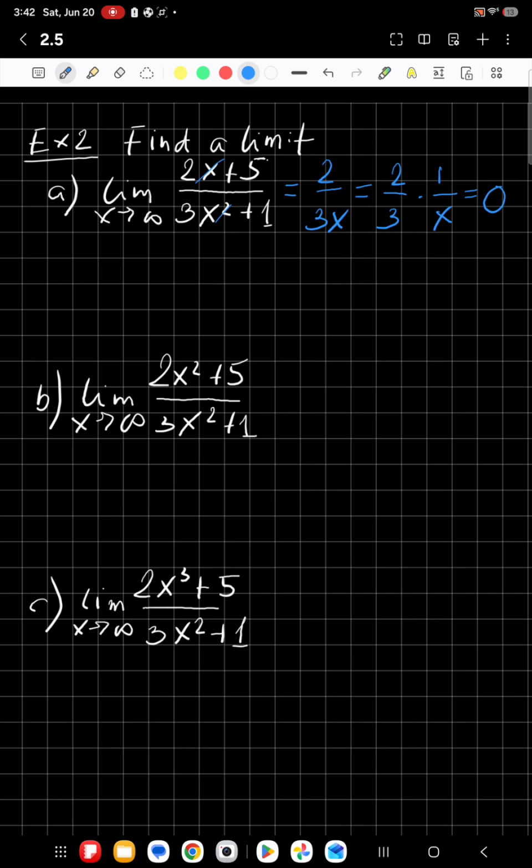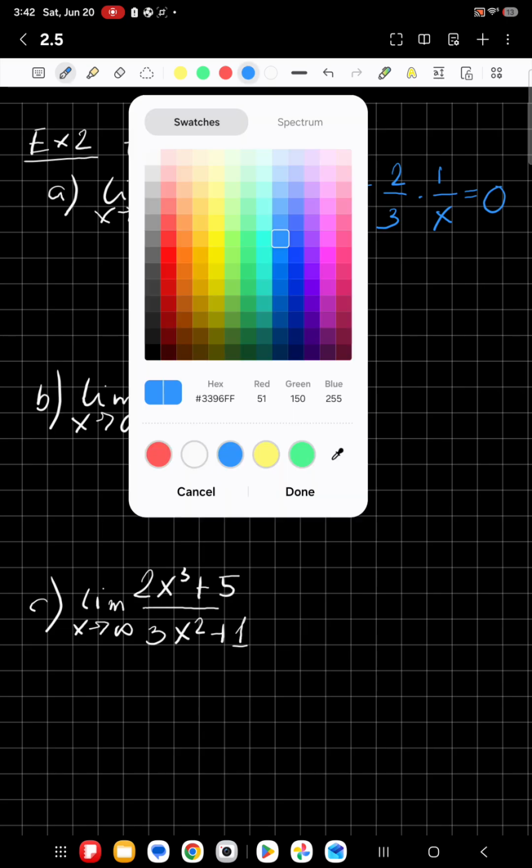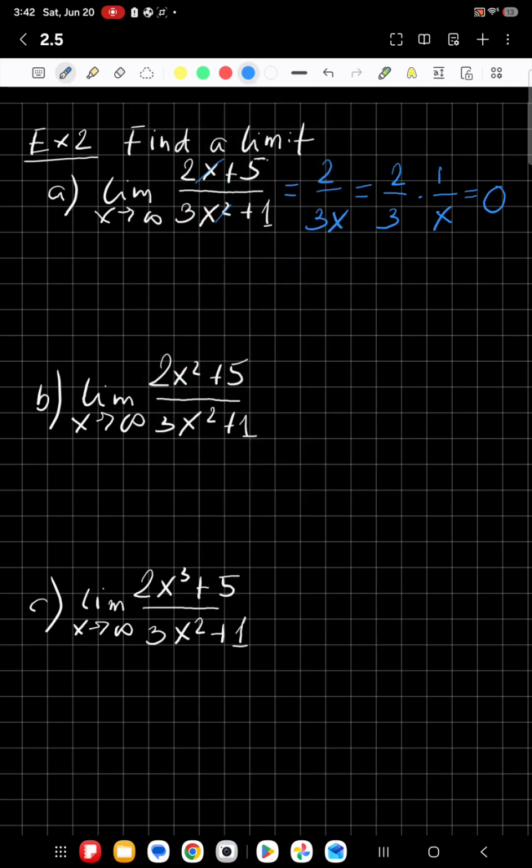This is not really an algebraic way of solving it, we're just thinking about it. All right, so let's look at the second one. It's similar. Again, we will ignore 5 and 1, and then we can cancel those x squares, and we end up with 2/3. That's our prediction, and then we'll solve it algebraically in a moment.